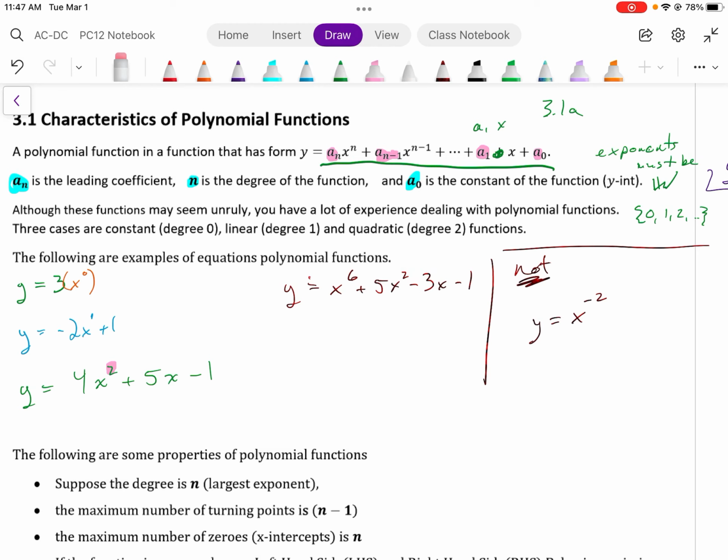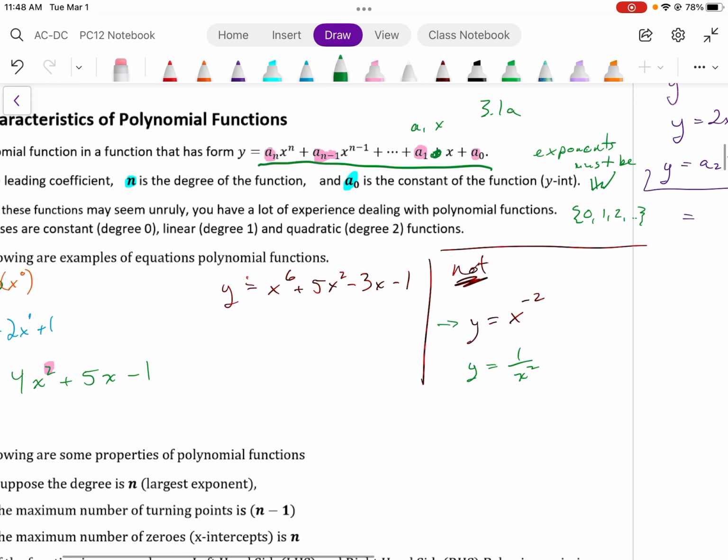So what we see here is my exponent's negative 2. Now this I would classify as a rational function because we could easily write it as so. Also, this is not a polynomial function, so y is equal to x. Well, that is. But as soon as I add plus the square root of x, well, this is not a polynomial function. Not the one that we're interested in.